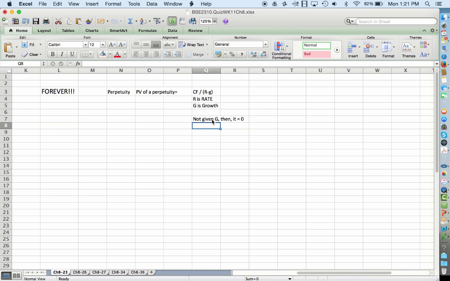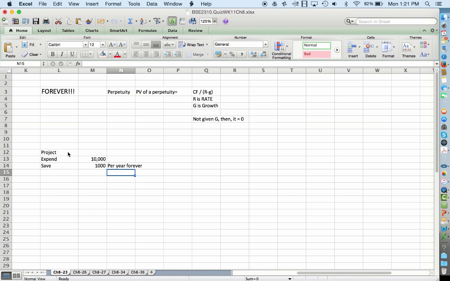Okay, so now we have a project where we're going to expend $10,000 and we're going to save $1,000 per year forever. How do we set this up?